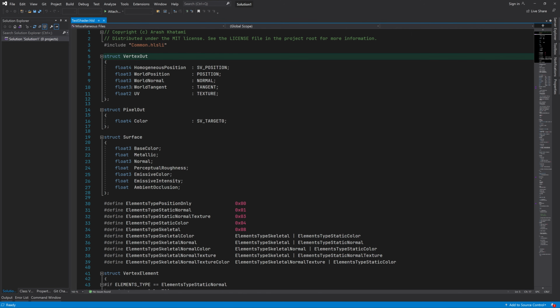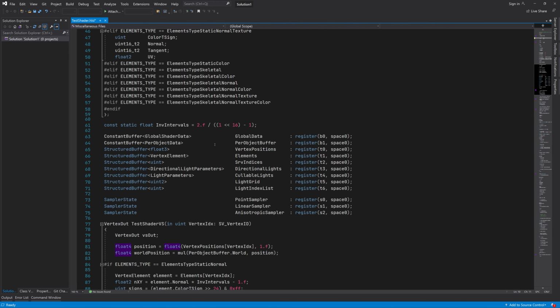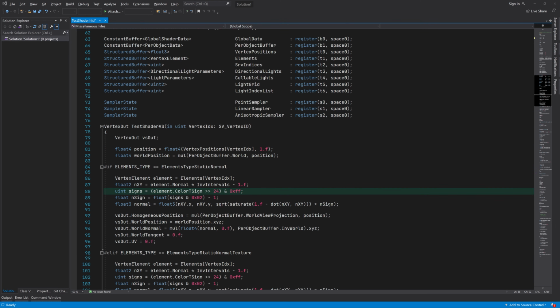First, we need to add an extra component for the handedness to the world tangent vector that we calculate in the vertex shader. Then we update the normal sign bit position in here as well. We can write this in an even more compact form.